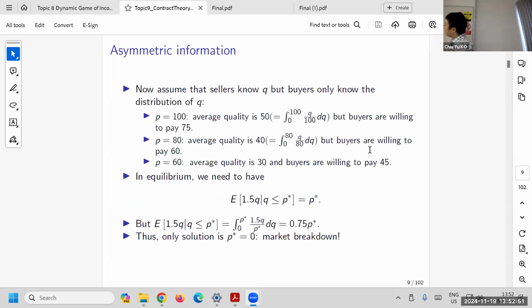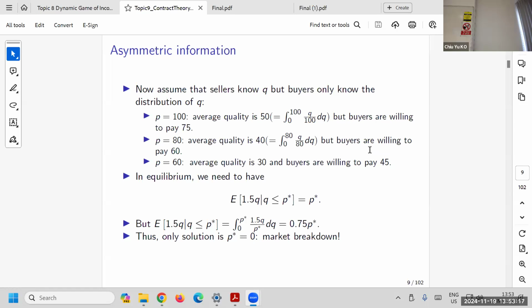I would argue that in this particular case, when we have a continuum of quality, in the discrete case we have only bad cars in the market. But when quality is a continuum, it turns out the market completely breaks down. Even the market with bad cars will not exist. So it's a complete market collapse.